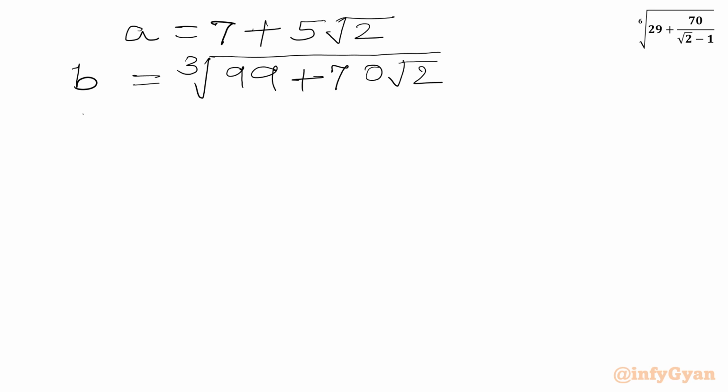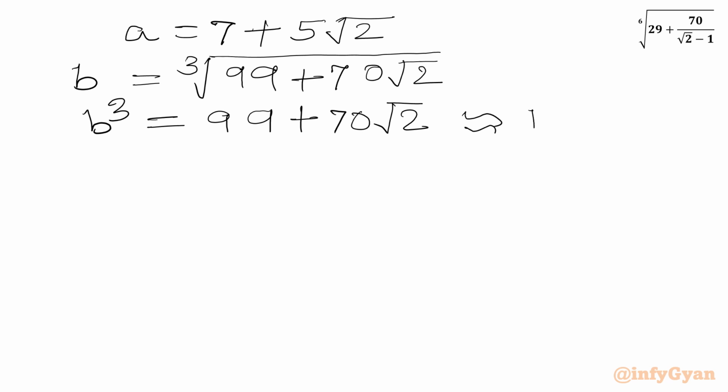Now I will consider cubing both sides. So B cube equal to 99 plus 70 square root 2. If I check the value of 70 square root 2, 70 times 1.414, that value will be 98.99. So this addition will come out approximately 198.99, so approximately 198.